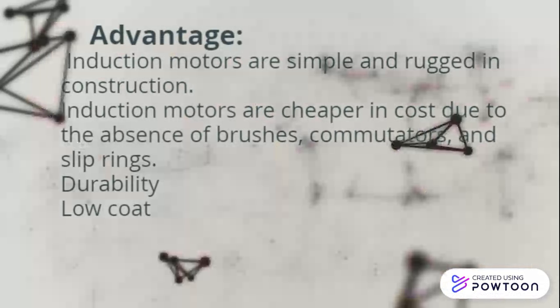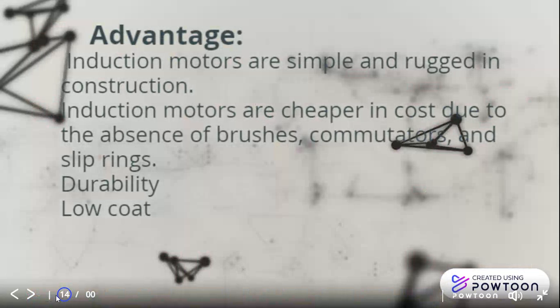The other key advantages are that they are cheaper in cost due to the absence of brushes, commutators, and slip rings, and they need less maintenance for the same reason. Another major advantage of the induction motor is its durability. This makes it the ideal machine for many users. This results in the motor running for many years with no cost and maintenance.